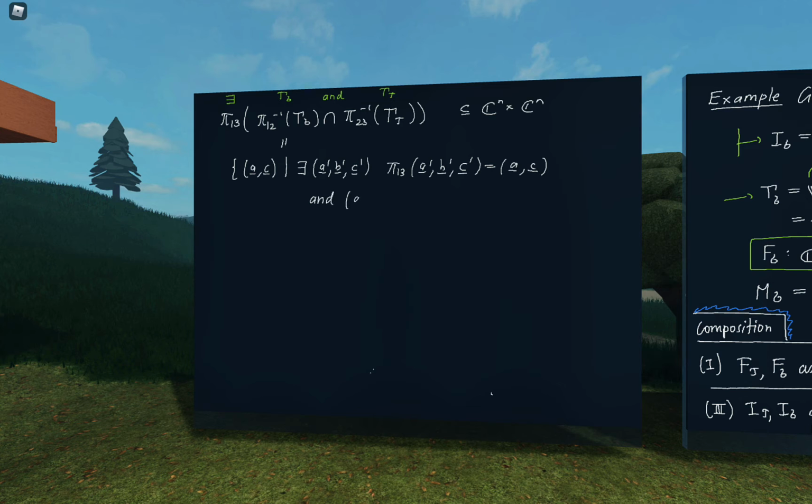And A prime, B prime, C prime actually in that thing inside these two brackets. So that's pi12 inverse of gamma sigma, intersected with pi23 inverse of gamma tau, bracket.